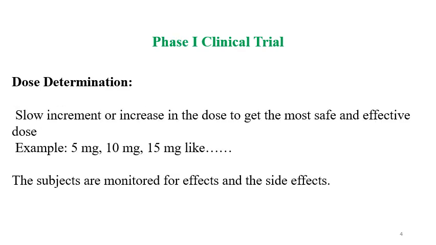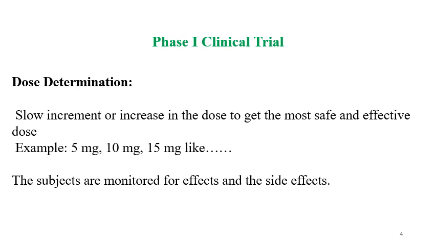Now coming to the dose determination. So how dose is determined in phase 1 clinical trials? There is dosing to the volunteers or participants in the incremental way, slow increment or increase in the dose to get the most safe and effective dose. Example is like 5 mg, 10 mg, 15 mg.